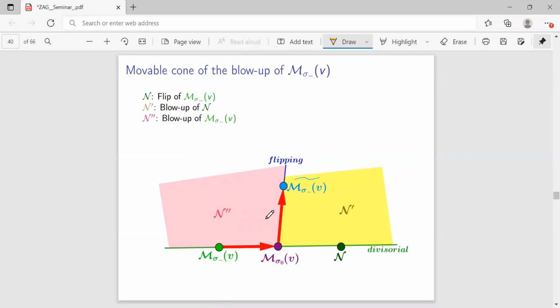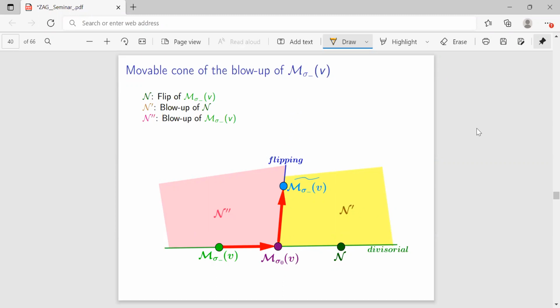These are chambers. In order to go from M sigma minus to M sigma minus theta, you need to walk along this broken line. First, you go to this M sigma naught, the wall, and then you go from the wall to this space here, and here we have this flip of that. This is the divisorial direction, and this is a flipping direction.